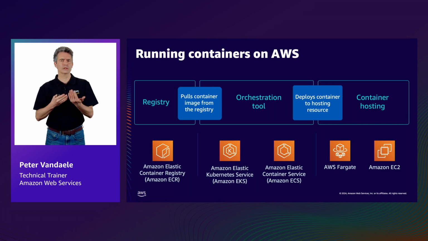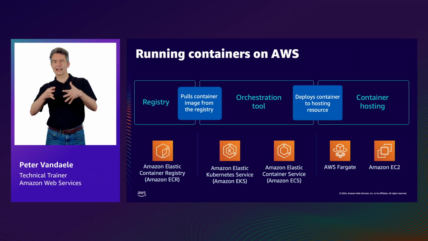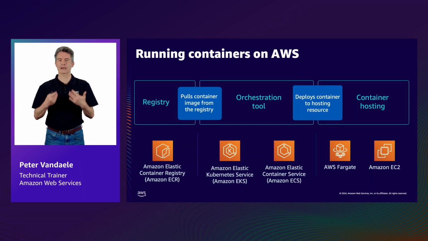So there is a lot of hands-on work involved, but it also provides a lot more control. By contrast, AWS Fargate is a serverless hosting service that runs containers without the overhead of managing and scaling the underlying compute. Ideal for when you want to be less hands-on.